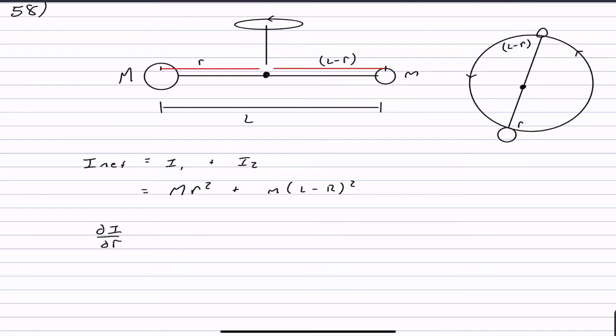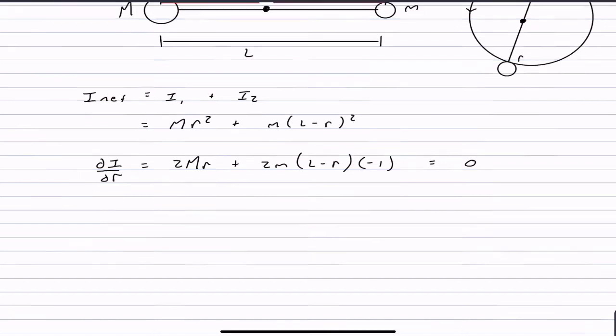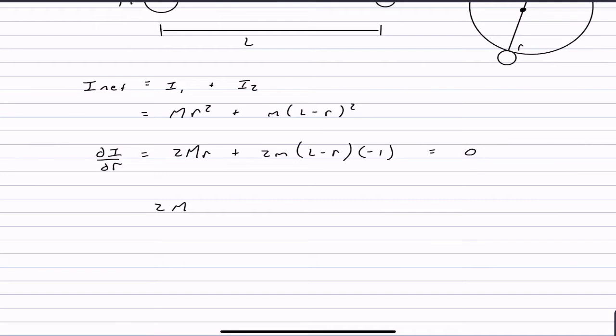dI with respect to the changing variable r, and so that gives us 2 big M r plus 2, this is supposed to be little m, 2 times little m (L minus r) times -1. Right, and then we set this to 0 to find where r gives us that optimal value. So 2 big M r is equal to 2 little m (L minus r).